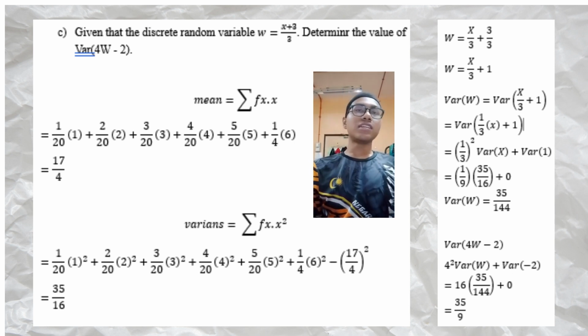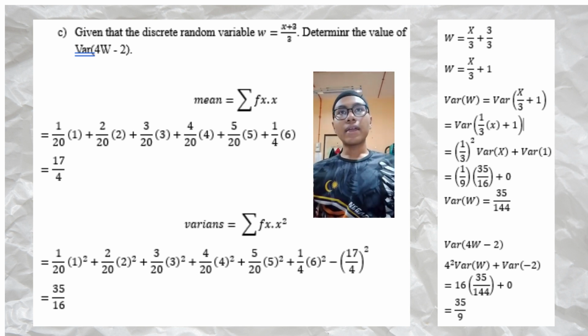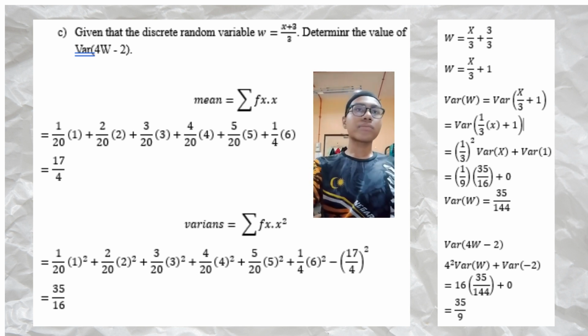So for the C, the question is given that the discrete random variable W is equal to X plus 3 over 3. So firstly, we need to find the mean.